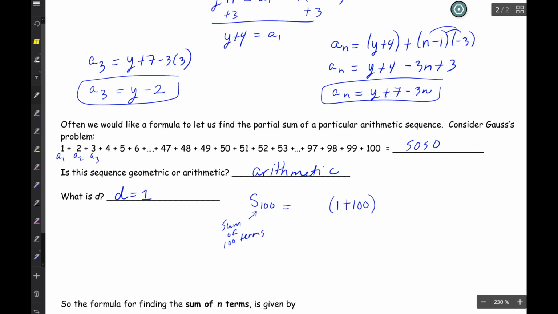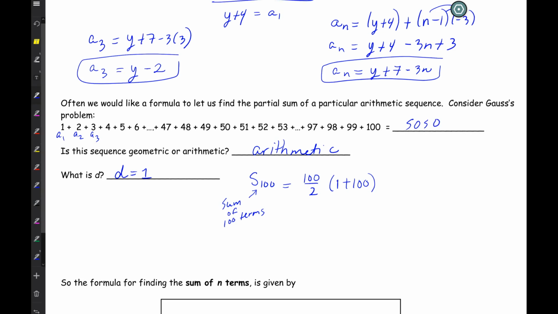How many times would he have to do it? 50. So it was the first term plus the last term multiplied by the number of terms divided by 2, because he was pairing them together. So it was multiplied by 100 divided by 2. What he did will work on any arithmetic sequence.